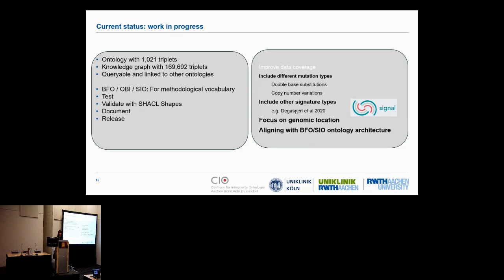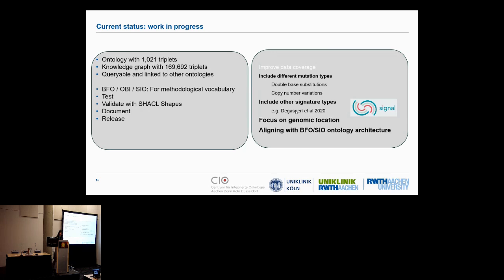One of them is listed here. That's the SIGNAL set. That's also a type of mutational signature set. Also, further, we would like to explicitly model genomic location. I believe I already said that we want to align with the BFO and SIO ontology architecture.